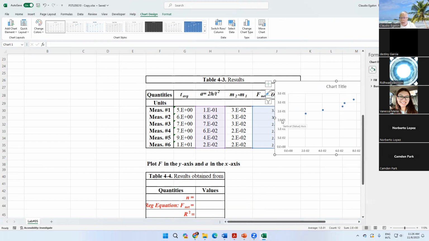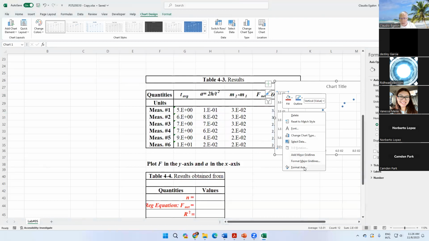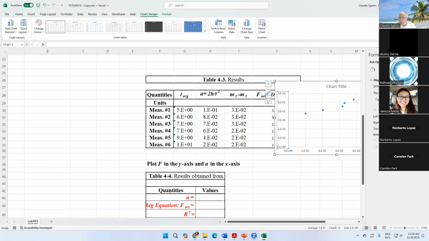I have to make sure this data here, format, axis. Let's see, is that the one? Labels, numbers, right here.